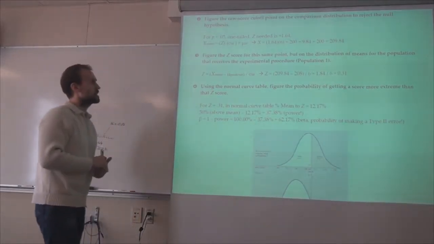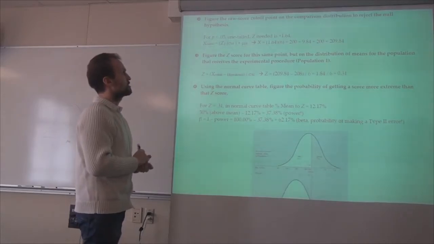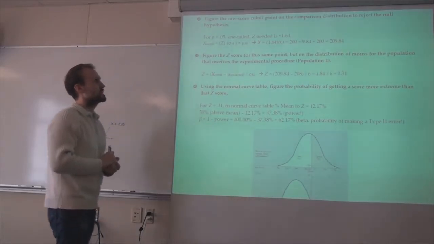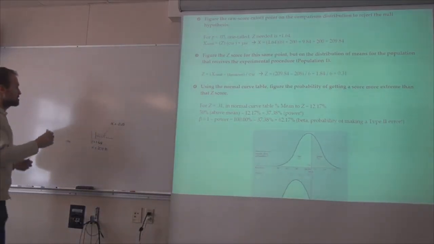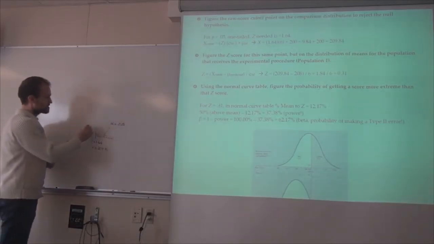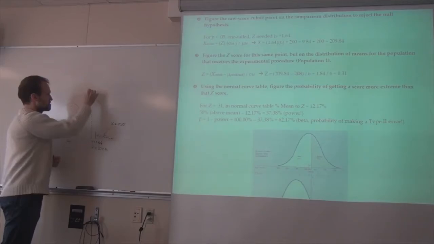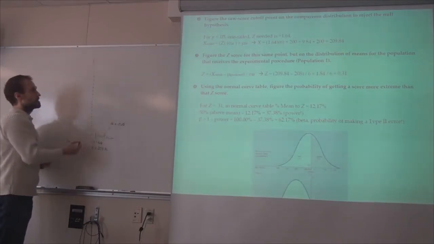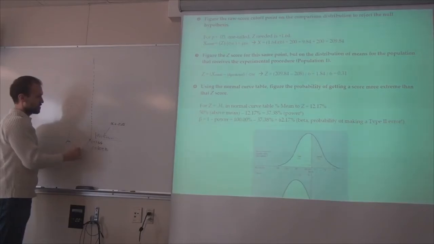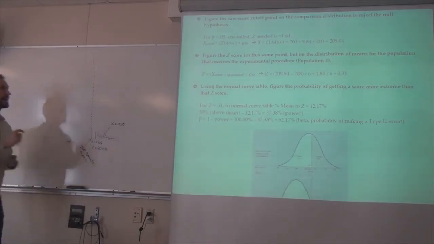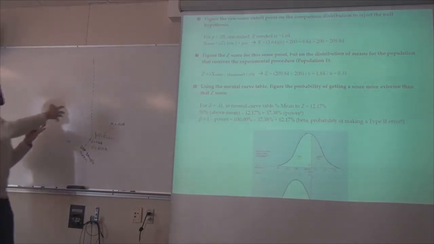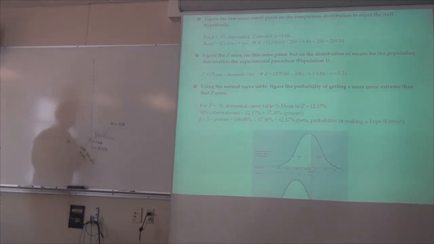So I've got the 209, and now I want to calculate the z-score for this point, but on the distribution of means for the population that receives the experiment. So this mean is the sample mean that I'll take, that's my 208 sample mean, and that's what I'm going to take as the mean for my shifted new population, population 1.